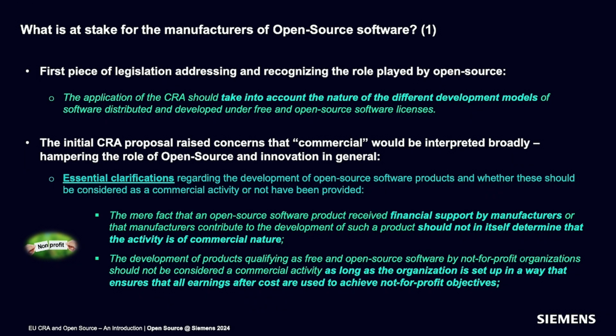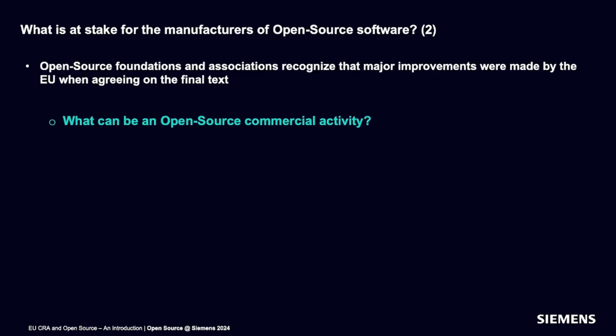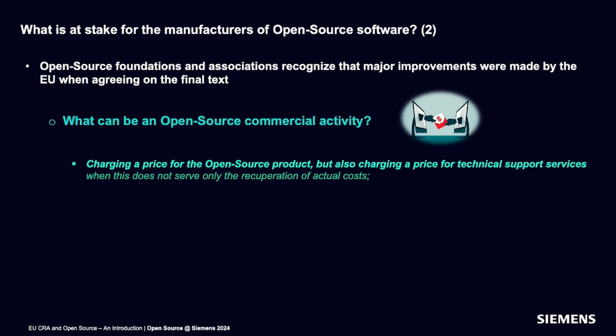Another positive thing: the CRA says, and this maybe will come from the standards, that the specific nature of open source software development will need to be taken into consideration. So, what is an open source commercial activity? Of course, if you ask money for your product. But also, you may have a different business model. Maybe you don't charge for your product, but you charge for support services.